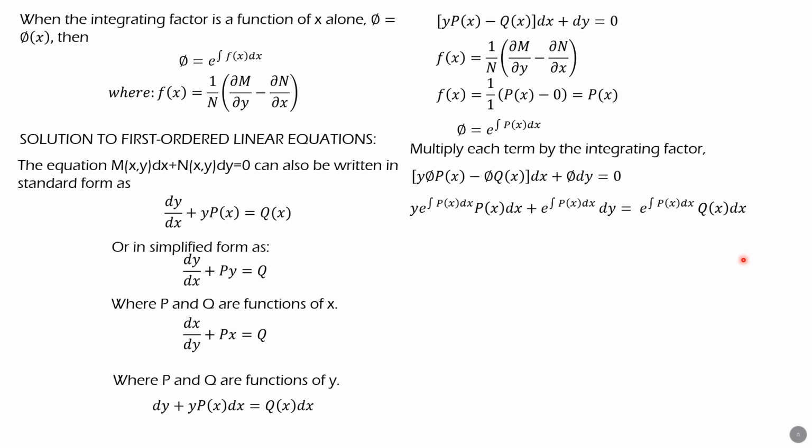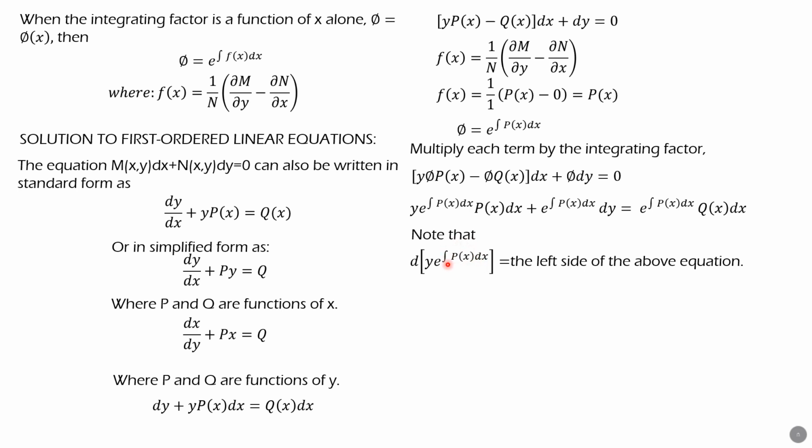We note that the differential of y e to the integral of P of x dx is this left side of the equation. Take note that it is y, then the differential of e to the integral of P of x dx is the same e to the integral of P of x dx times P of x dx, like e to the u times the differential of u.